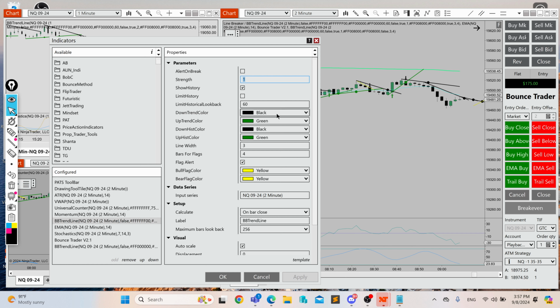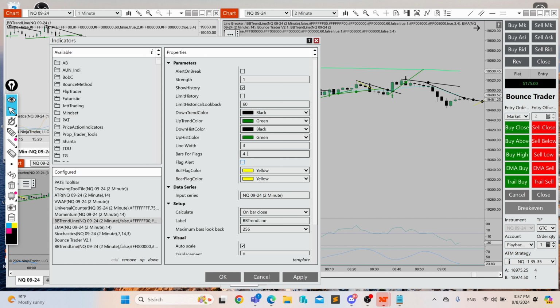You could specify the coloring, and this flag alert is what I'm referring to, this yellow line, both for bull and bear flags. You could specify the colors here, and you could specify the alert.